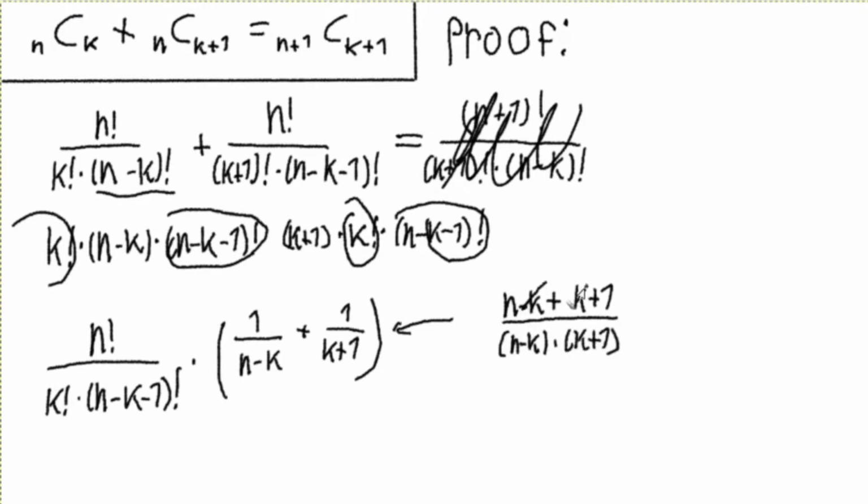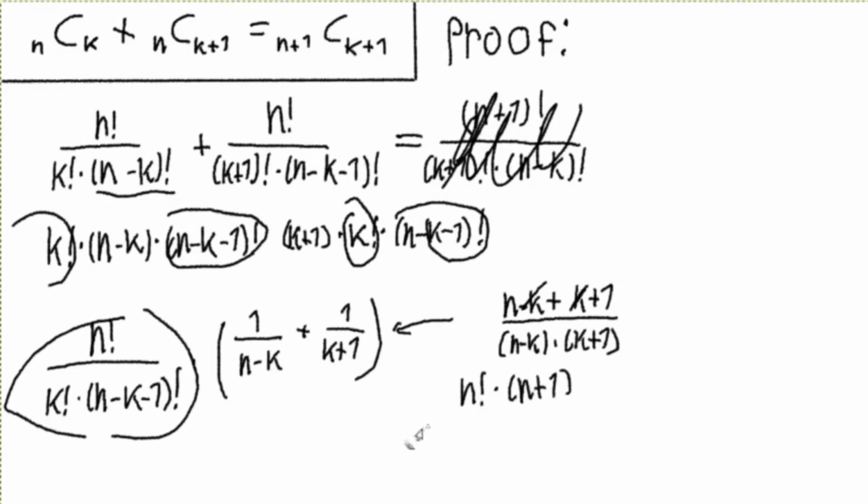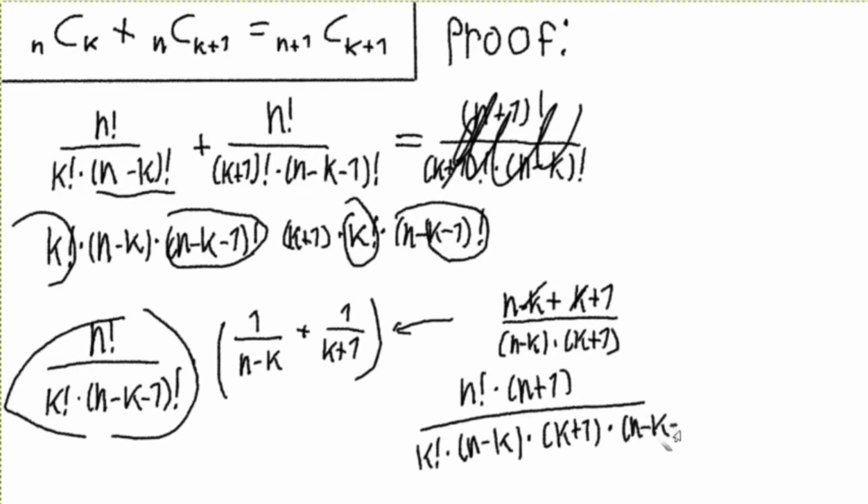And these cancel out, and I get n plus 1. And when I then multiply by this over here, I end up getting n factorial times n plus 1 over k factorial times n minus k times k plus 1 times n minus k minus 1 factorial.